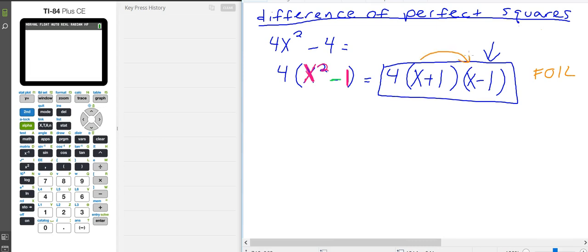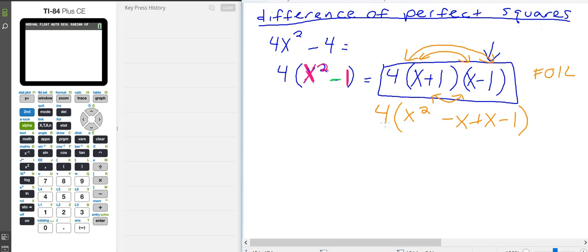First is x times x, which is x squared. Outer is x times negative 1, which is negative x. Inner is 1 times x, which is x. And last is 1 times negative 1, which is minus 1. Let's not forget about the 4, so let's just bring it down here.